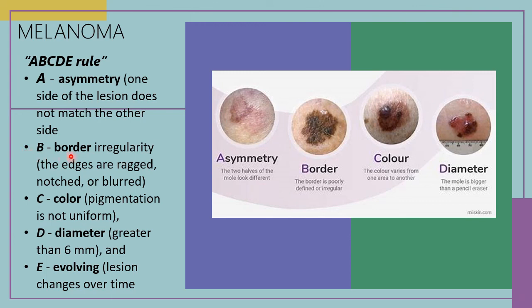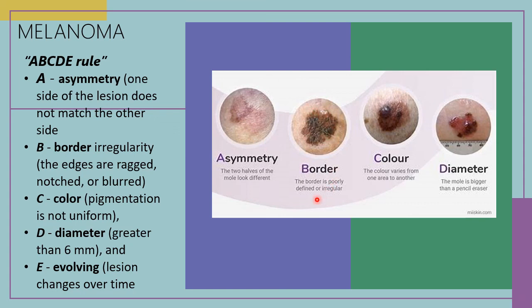The letter B is border irregularity. So the edges are ragged, notched, or blurred. Look at this picture here. The border is poorly defined. Normally, your mole is a perfect circle, with smooth borders.